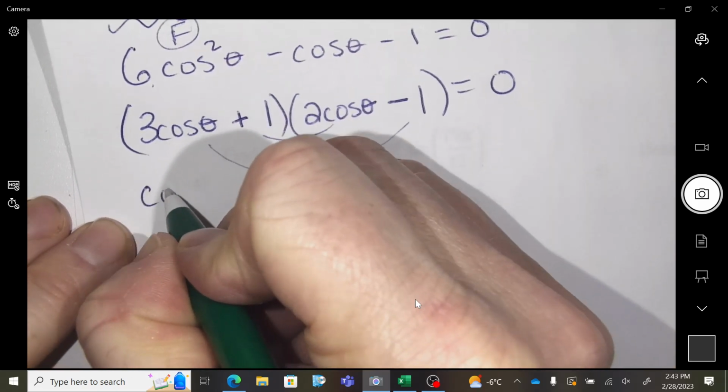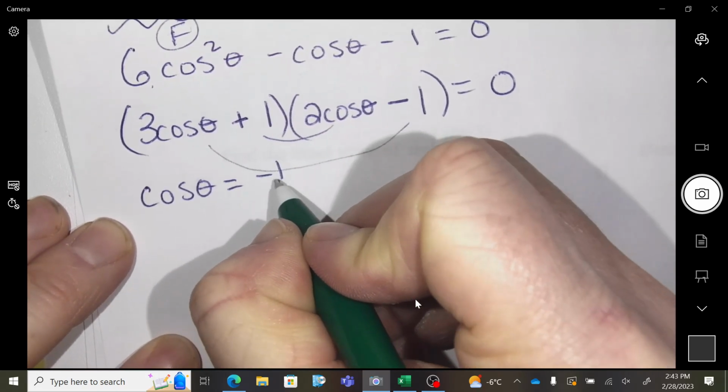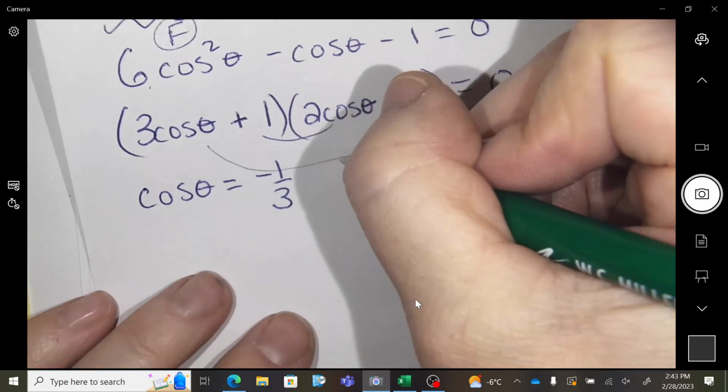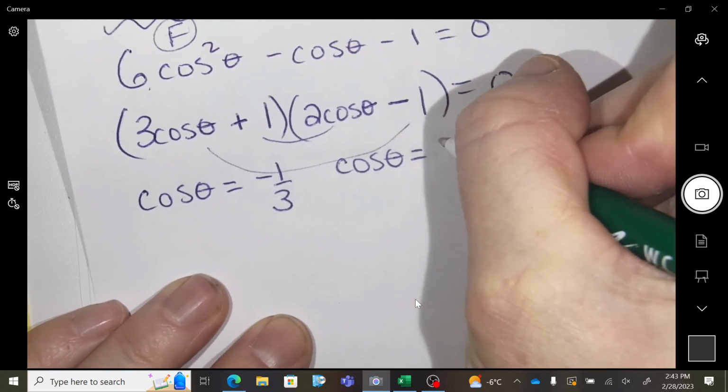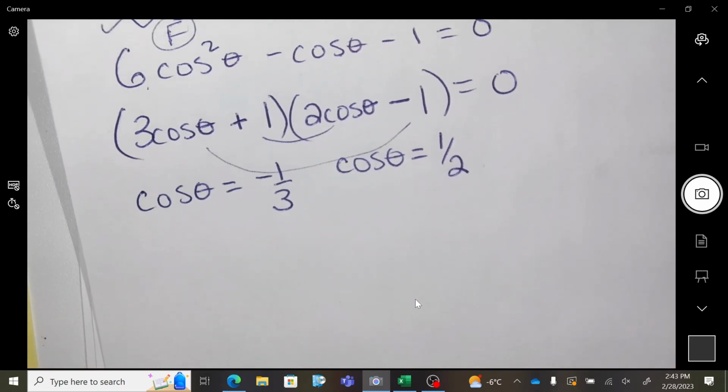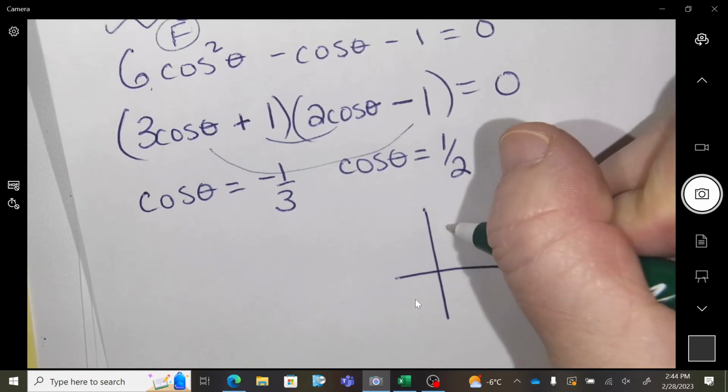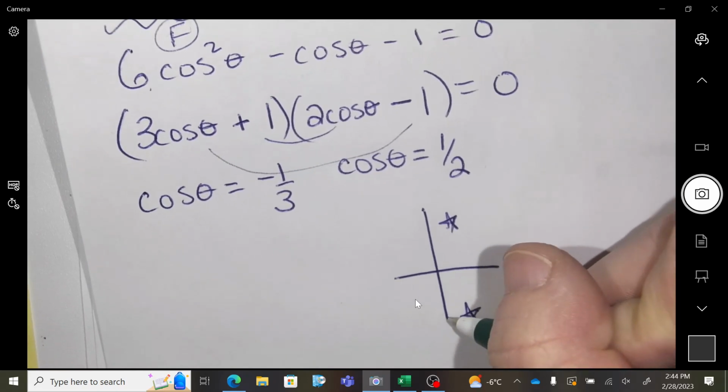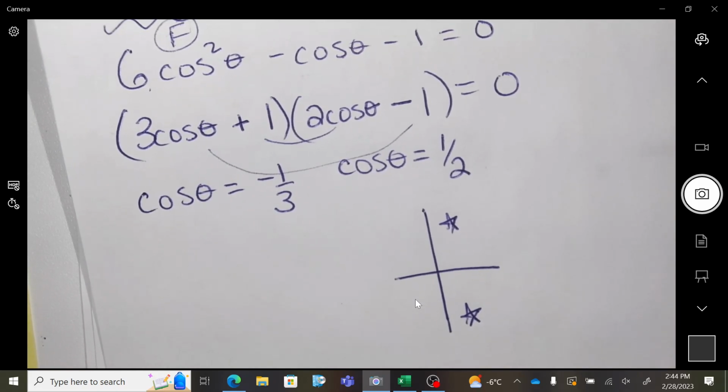Okay. Cos theta equals negative 1/3 and cos theta equals positive 1/2. Oh my goodness. Apparently this is the common one. Cos of 1/2 again. Let's do that one. We literally just did it 2 or 3 other times, didn't we?